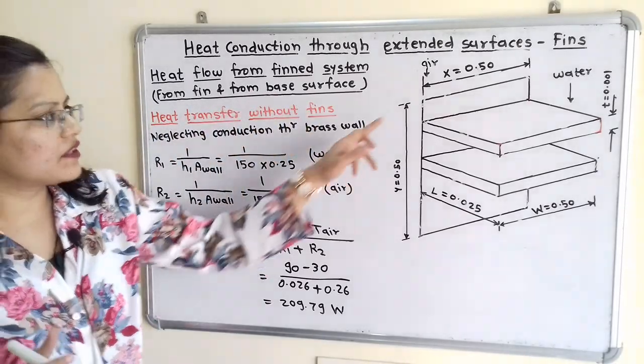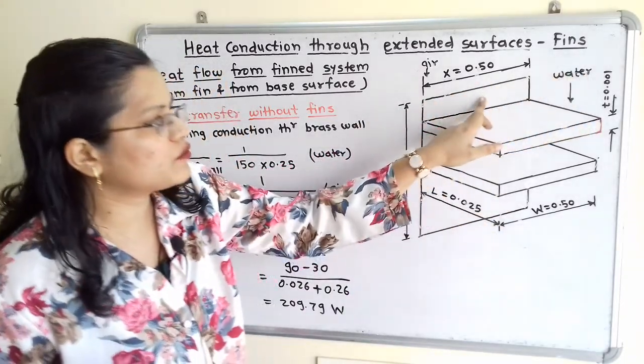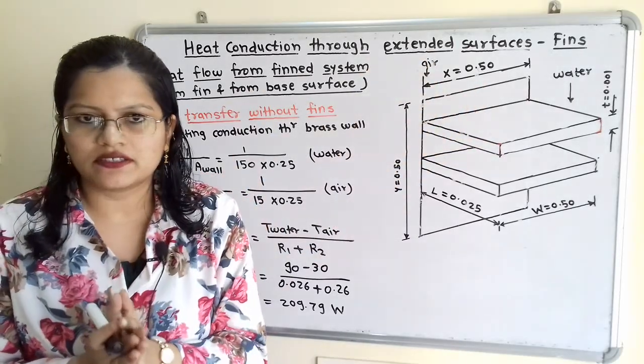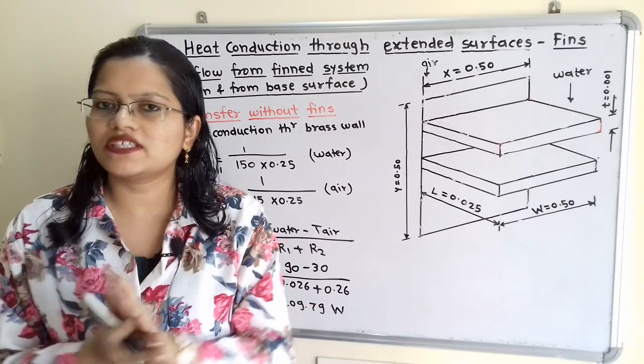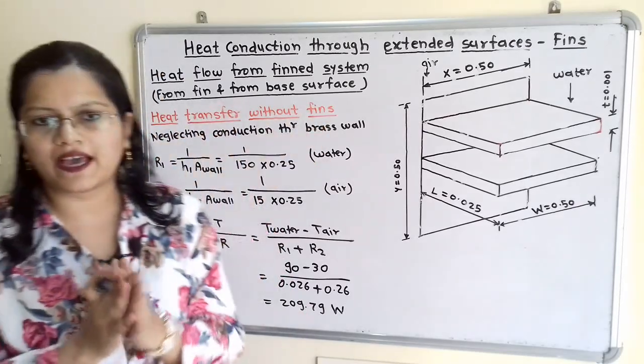Now if we observe, the heat transfer process is taking place from this water to the brass wall and from this brass wall towards the air. But here one condition is mentioned in the question, that is we have to neglect the conduction through the brass wall.